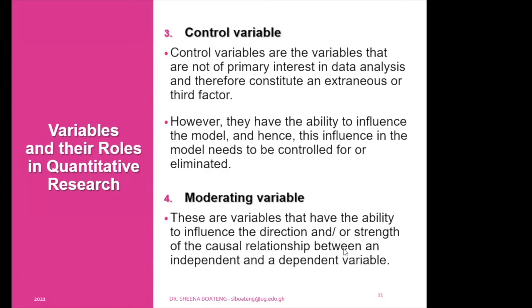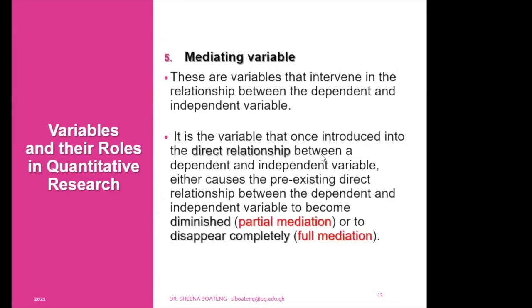Then a moderating variable is a variable that has the ability to influence the direction and or strength of the causal relationship between an independent and a dependent variable. Unlike the mediating variable, which is a variable that intervenes in the relationship between a dependent and independent variable, a moderating variable does not intervene.